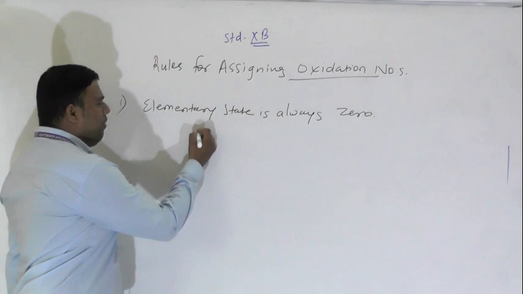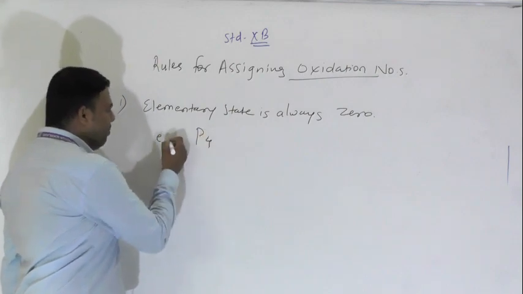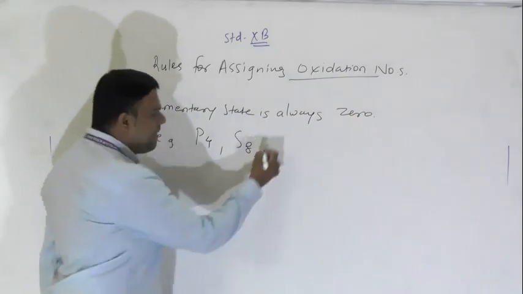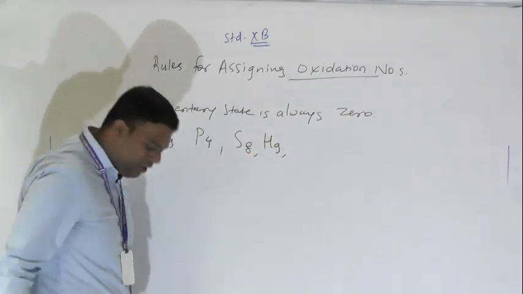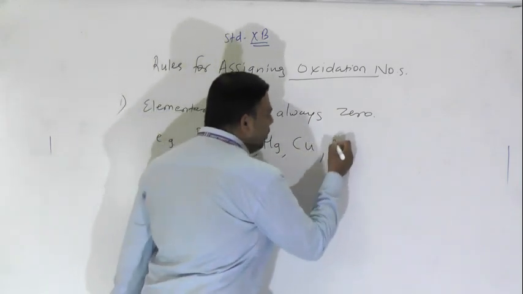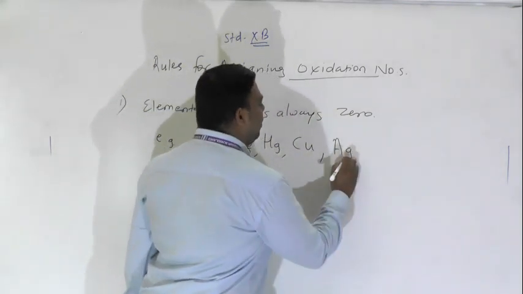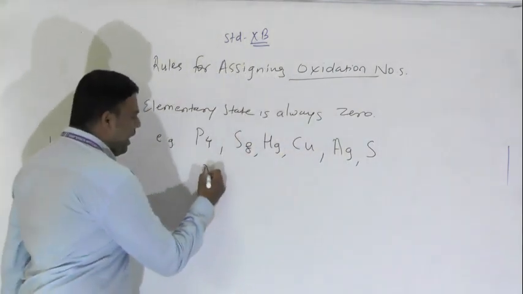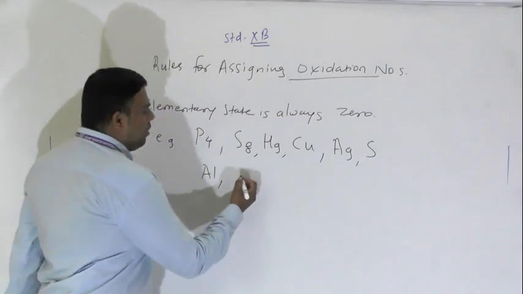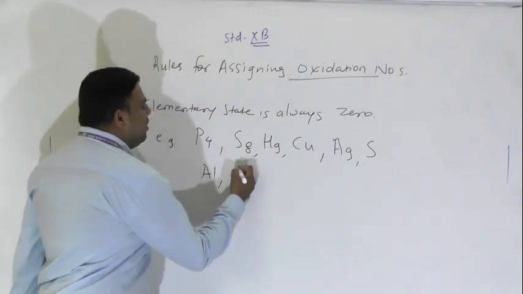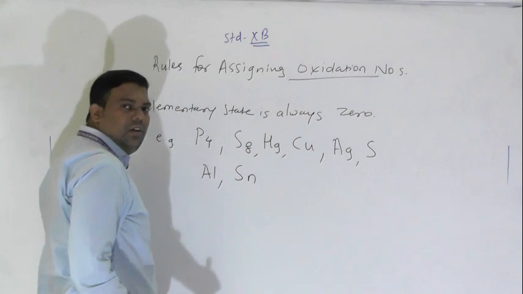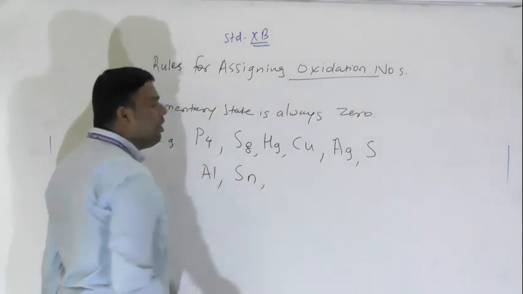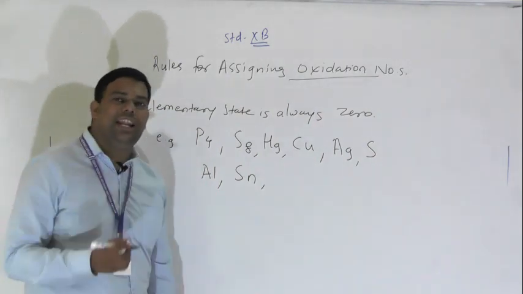How is it always zero? Whether you write P4 phosphorus, Hg mercury, Cu, Ag, sulfur, aluminium, or tin, and molecules too, they have oxidation number 0 in their elementary state.